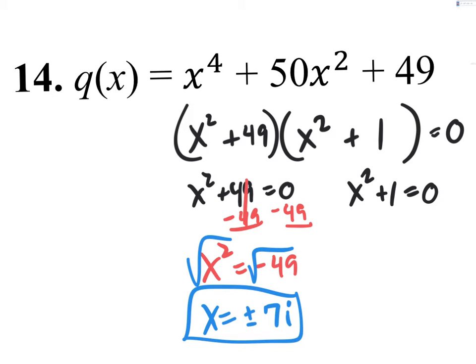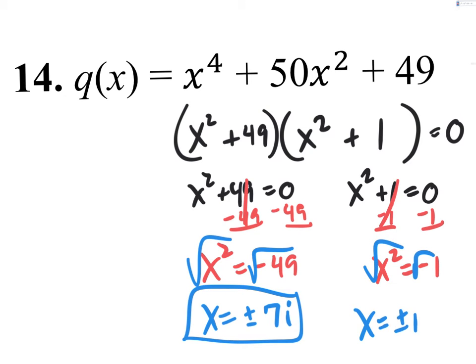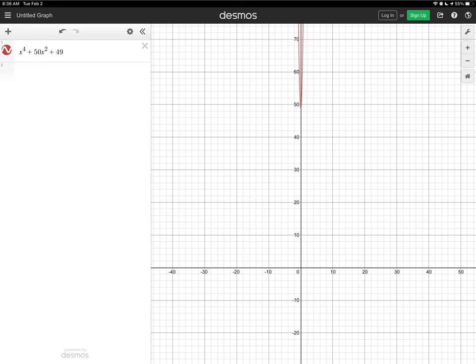And that's 2 imaginary answers. And you solve the other one, minus 1, you'll get x squared equals negative 1. And when you apply a square root, you'll get x equals plus or minus i, which is another 2 imaginary answers.